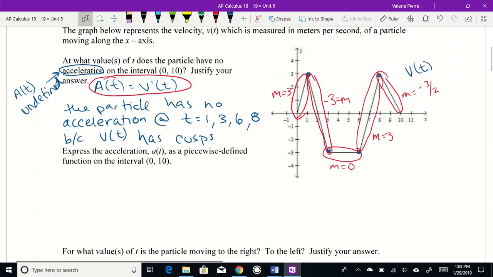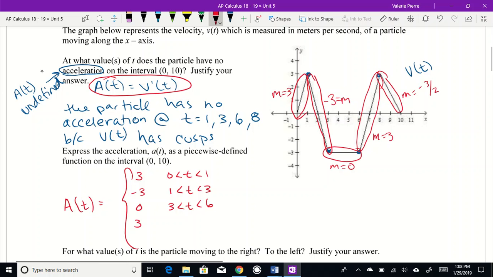So what that tells me is that a of t, since it's an accumulation of slopes, is equal to 3 when t is between 0 and 1, -3 when t is between 1 and 3, 0 when t is between 3 and 6, 3 when t is between 6 and 8, and last but not least, -3 halves when t is between 8 and 10.